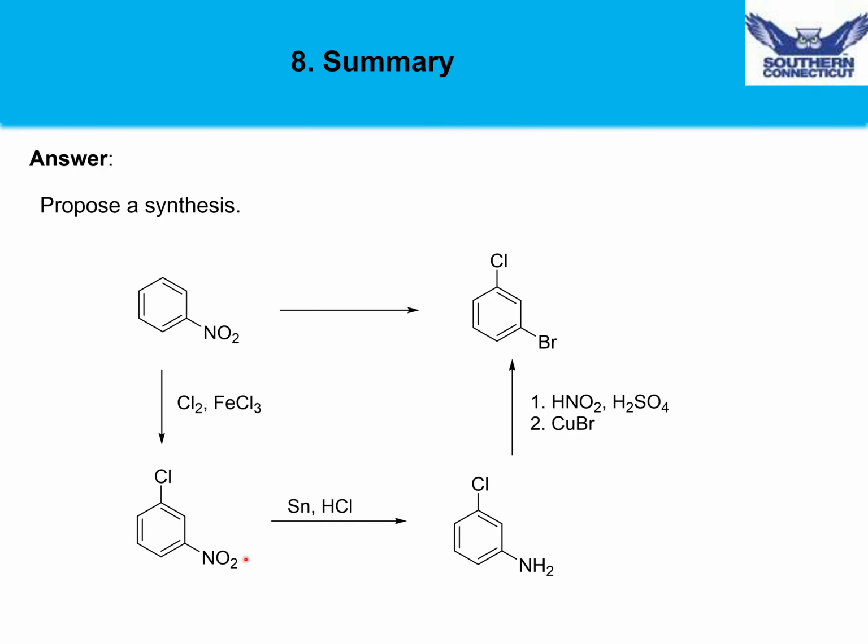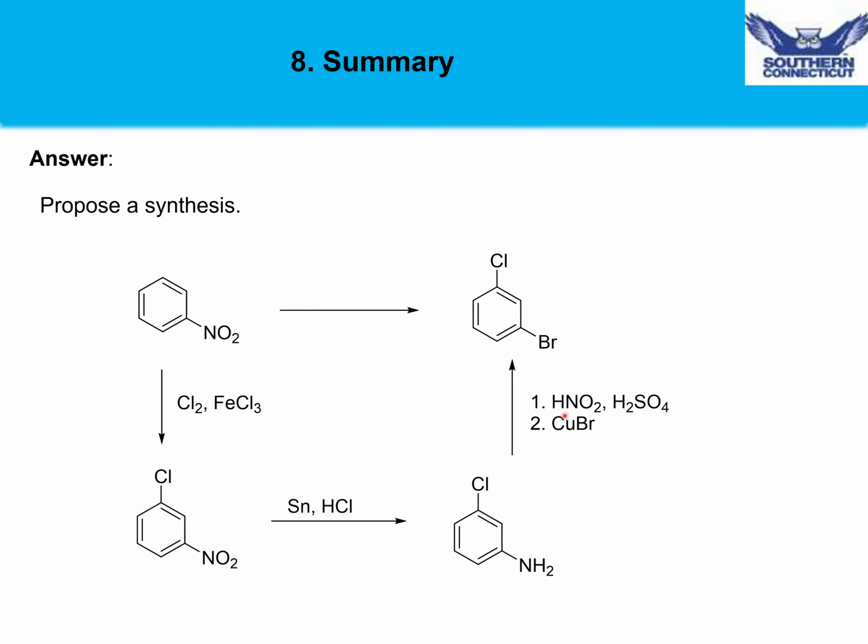Reducing the nitro group now into an aniline by either hydrogen and palladium or a metal and an acid reduction, we can now get this amino group, which is the precursor to the Sandmeyer reaction. This is one of the reasons why the Sandmeyer reaction is so versatile. We can convert this amino group into a bromide by adding nitrous acid and sulfuric acid followed by copper bromide.